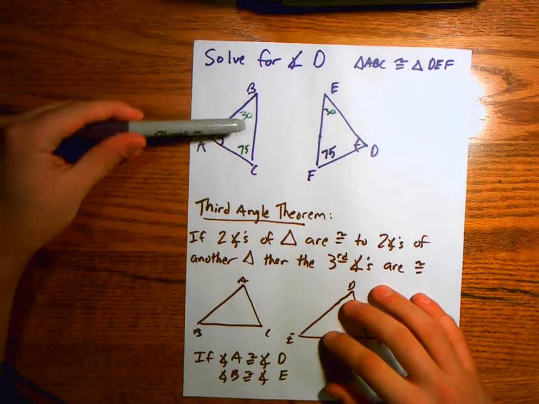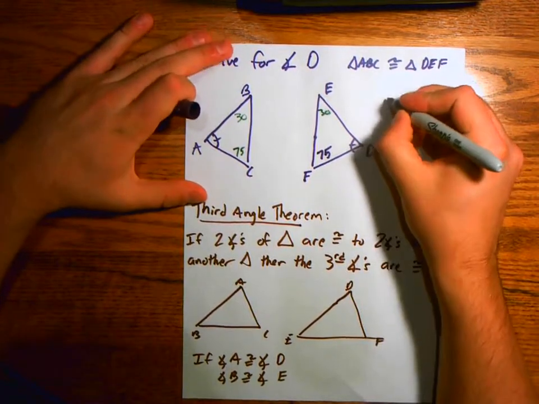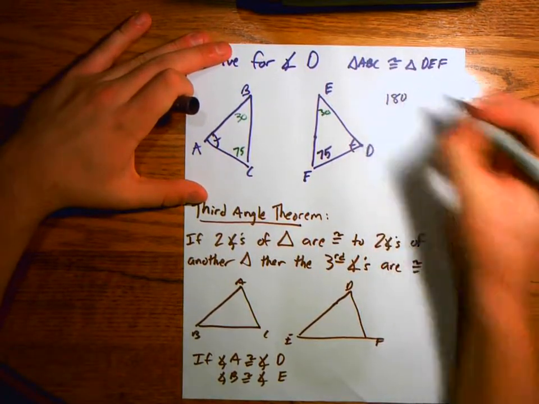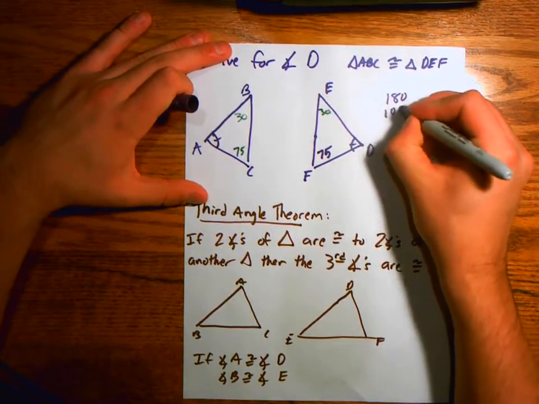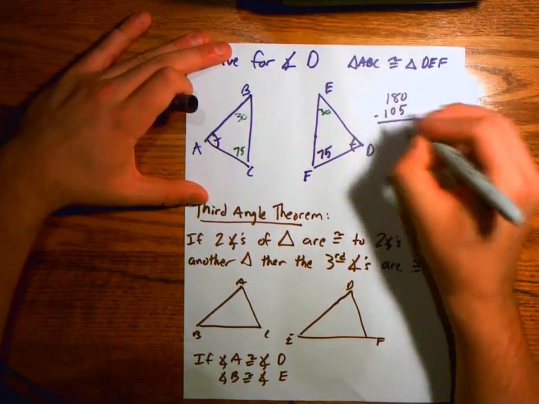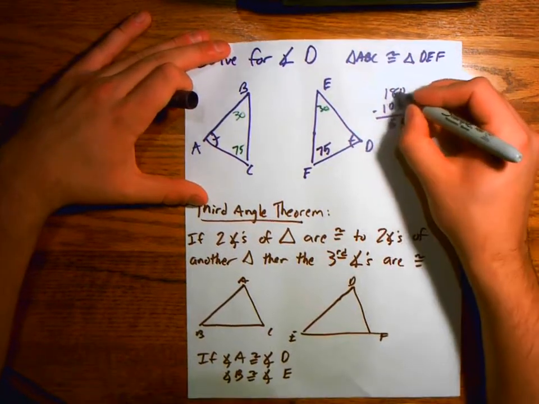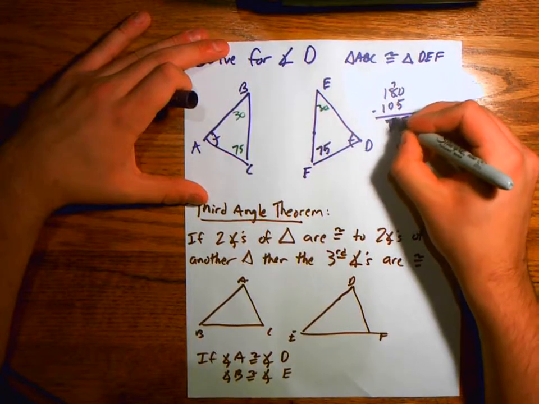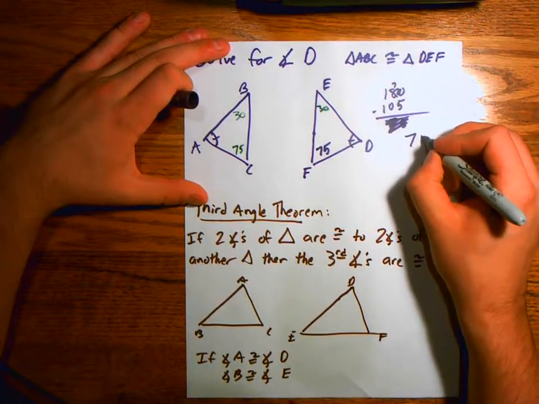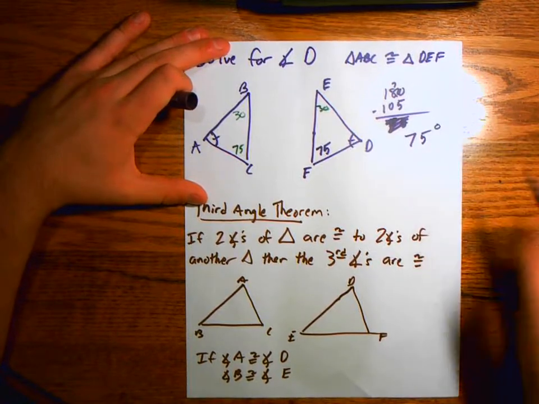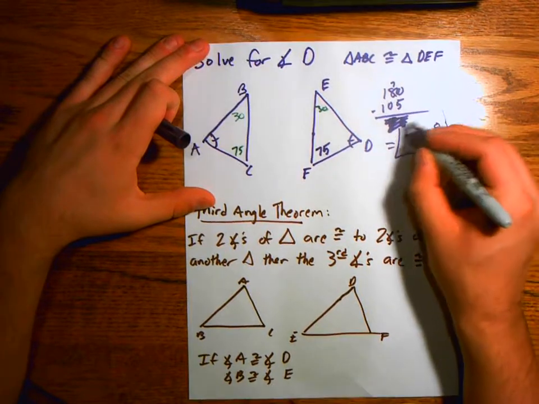Now using the triangle angle sum theorem with EFD in order to get D, we know that all of them must total 180, and 30 plus 75 is 105, and 180 minus 105 is 75. So angle D is 75 degrees.